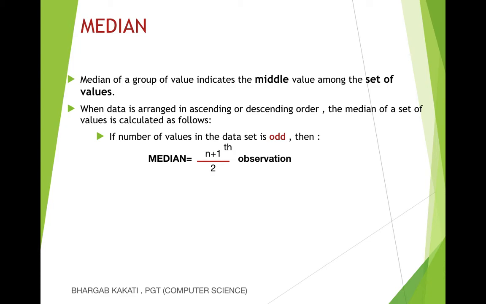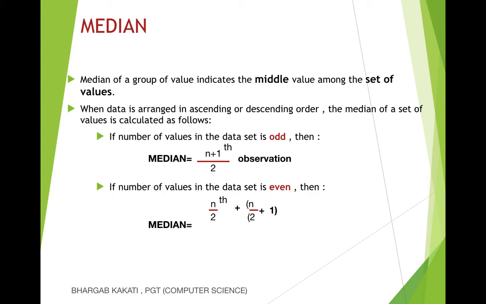What is meant by (n plus 1) by 2th? I'm coming to it in detail after a few minutes. n means the total number of observations. If you have 3 observations, then n will be 3. Now if the number of values in the data set is even, like 2, 4, 6, 8 and so on, then for finding the median you have to apply a different formula, which is median equals the (n by 2)th plus (n by 2 plus 1)th observations divided by 2.